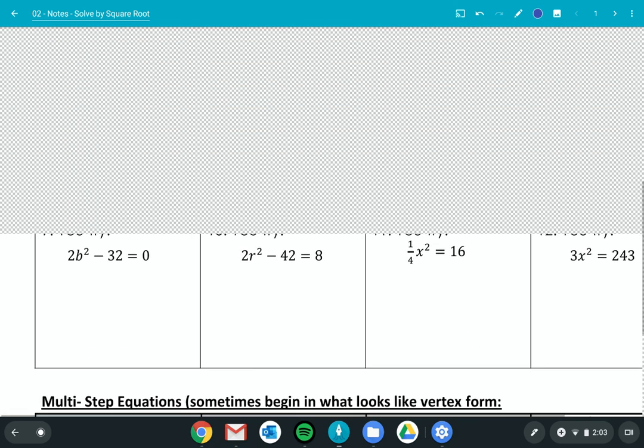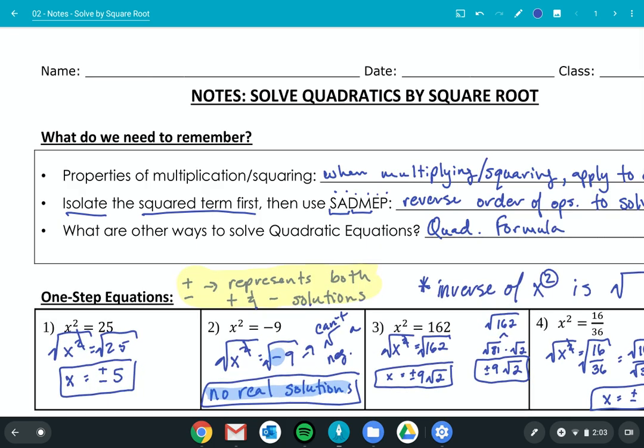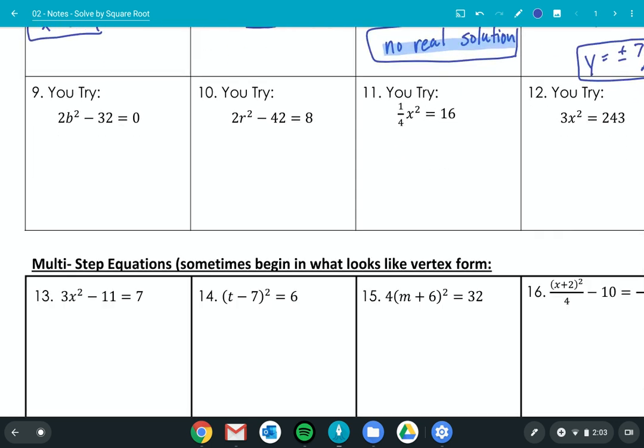What makes your life easy is to follow that reverse order of operations, so do the subtraction and addition first. You can do multiplication and division first, but then you might end up dealing with weird numbers.